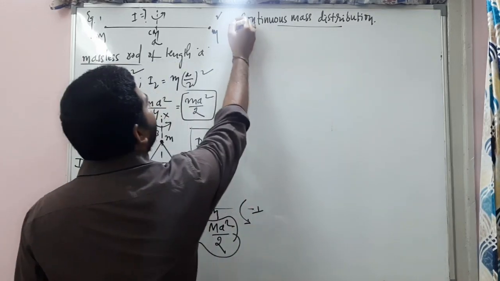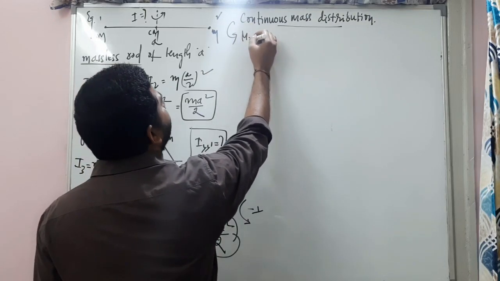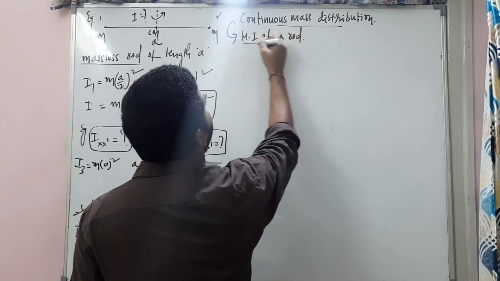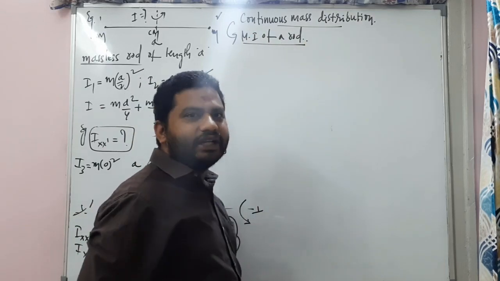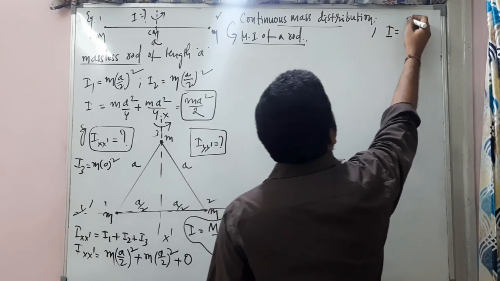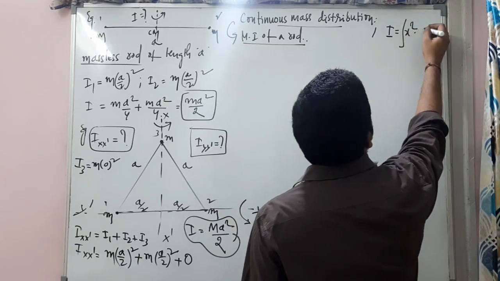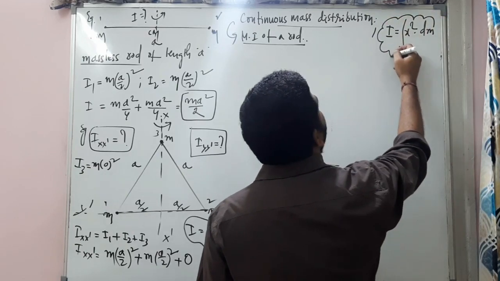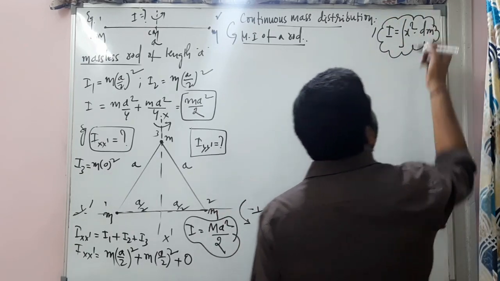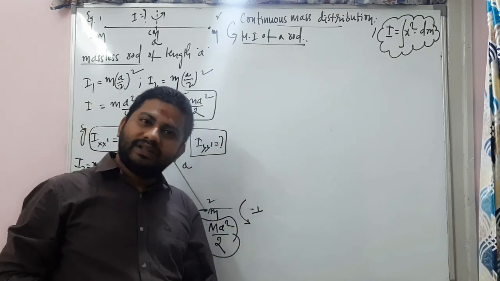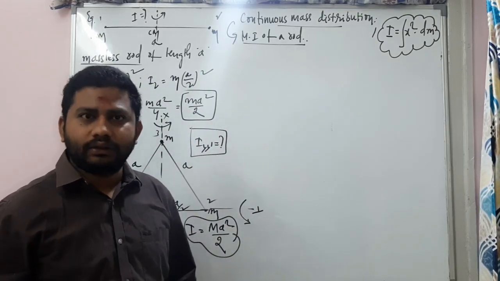For example, let's take the concept of moment of inertia of a rod. Before moving to that, in continuous mass distribution, there is one and only formula if you want to find the moment of inertia of the system. Remember, I is equal to integral x square into dm. There is a derivation for this, but it's not required.